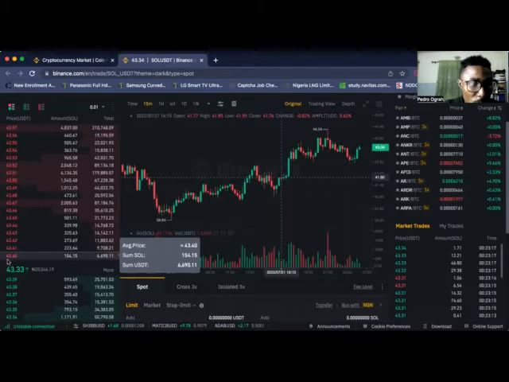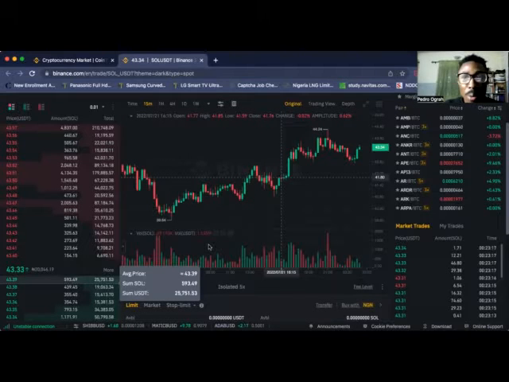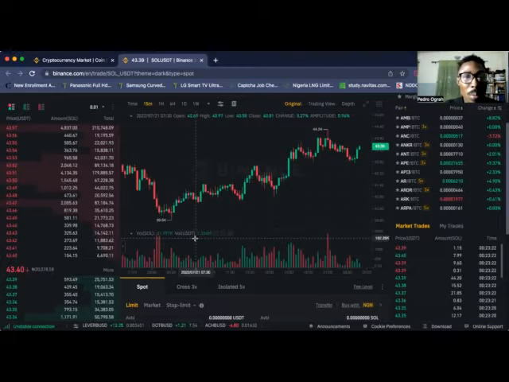If I subtract 43.39 from 43.40, it is just about 0.0001, so this is a tight spread. The difference between the best bid and the best ask is called the spread. If the spread is tight, the volatility of that particular cryptocurrency market will not be too high.